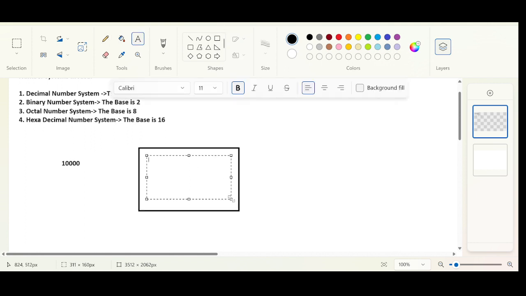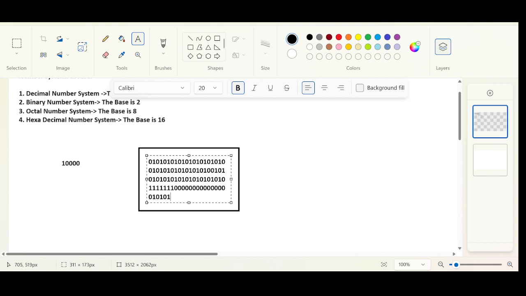Whatever data you want to convey, whatever information you want to transfer, whatever manipulations you want to do with the computers, the computers are designed to understand only zeros and ones.